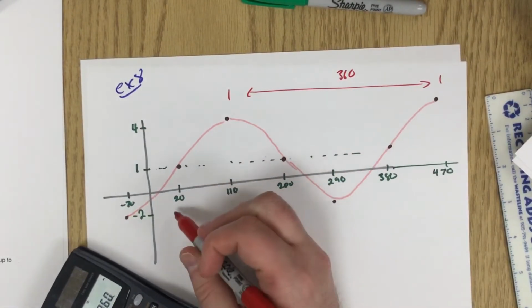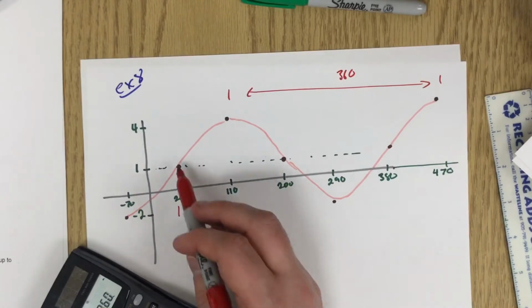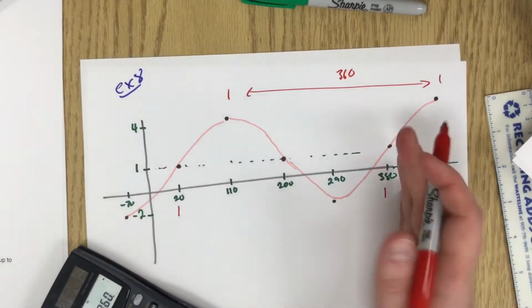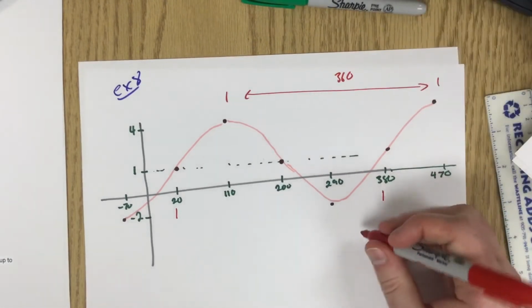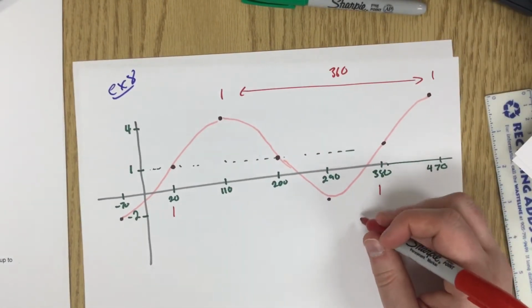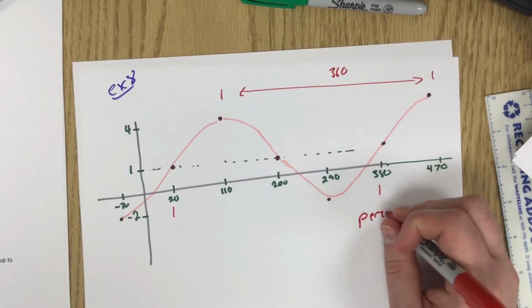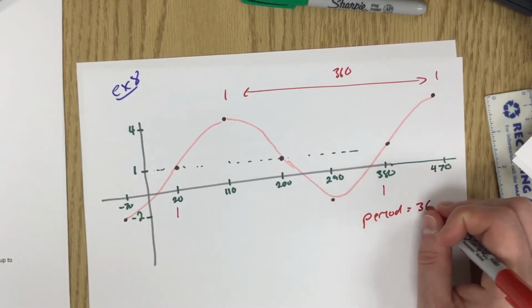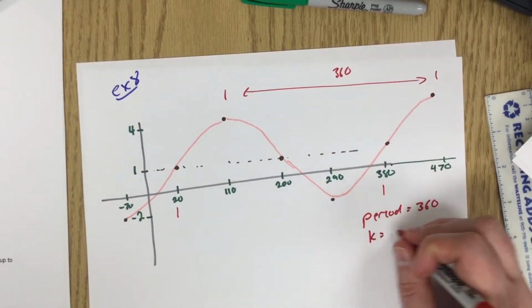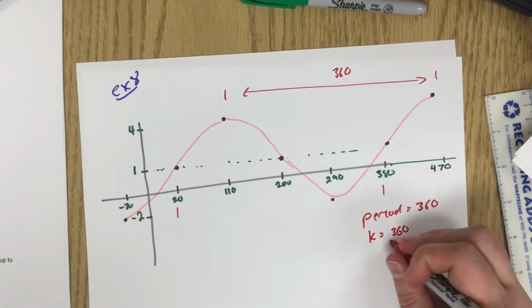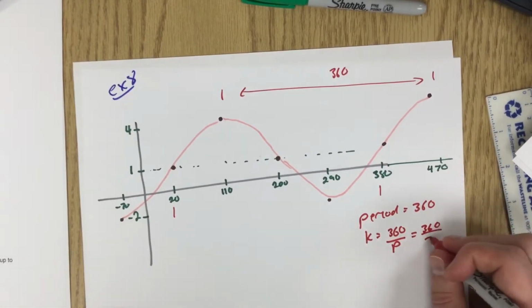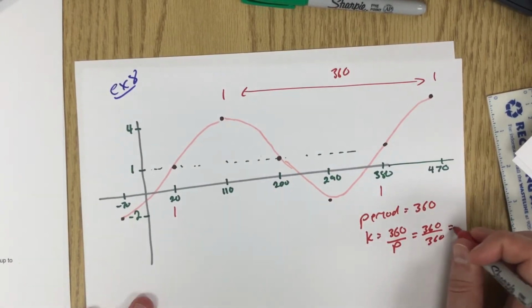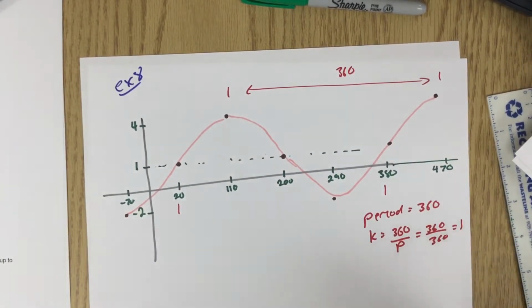I could have also gone from 20 to middle going up to there, and that'd be 380 minus 20, which would also be 360. So the period equals 360. K is going to be 360 over the period, which is 360 over 360, which is 1, because of course the regular period is going to be 360.